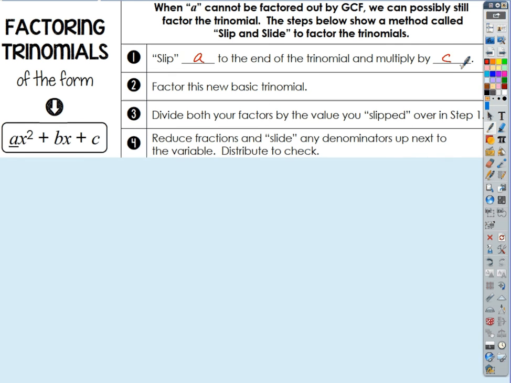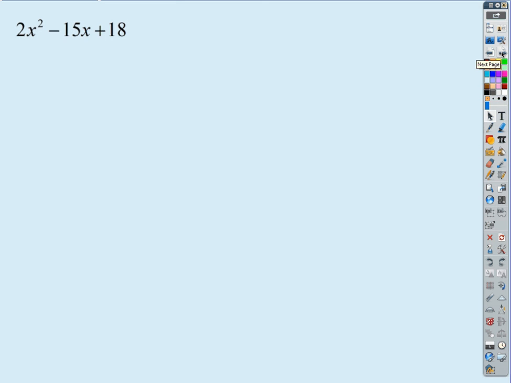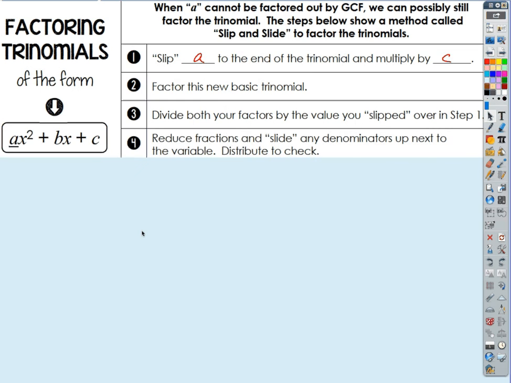So let's take an example. Like let's take this example right here. And we'll just go through this step by step as we follow the steps. Okay, so we end up then with step 1.